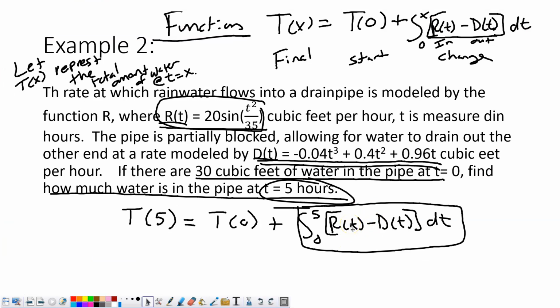Okay, so before we start typing in the integral, guys, what am I going to put in this place? What's T of 0? What's the starting amount? 30 cubic feet of water, right? So we're going to type into our calculator 30 plus that expression right there. Okay?